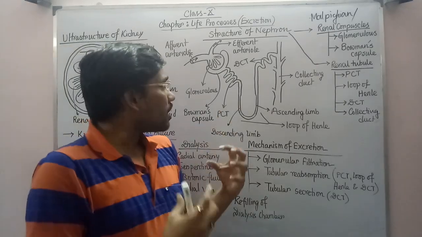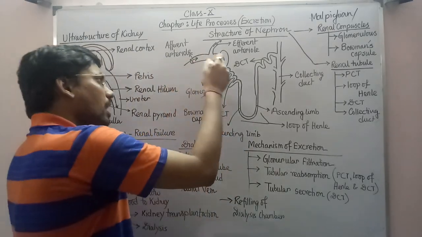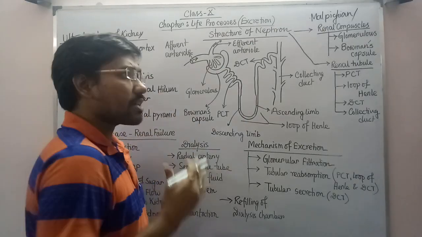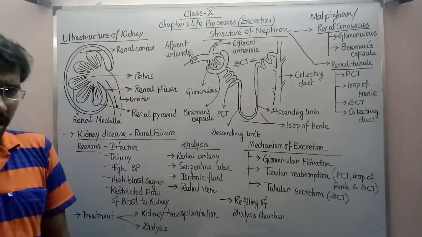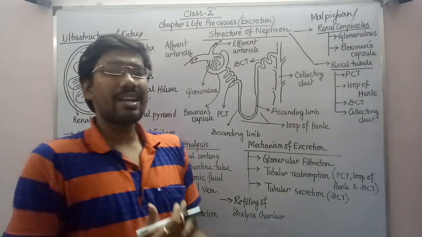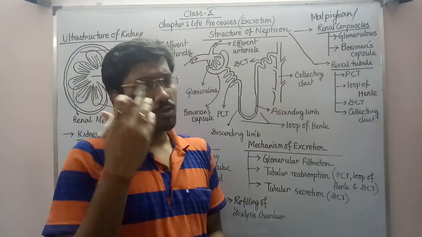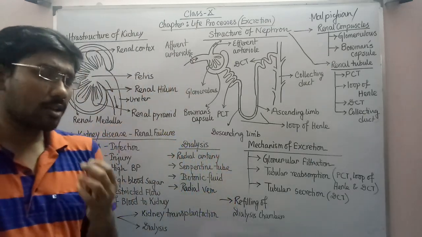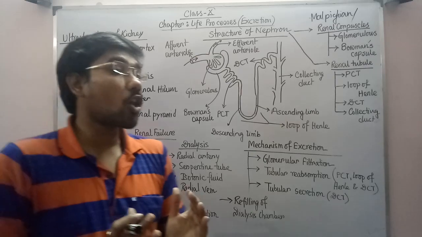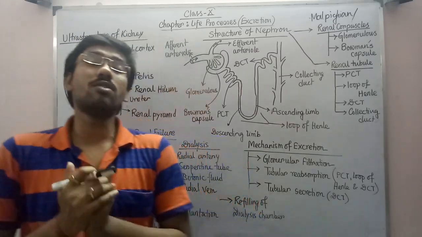So that the impure blood which has come to the glomerulus cannot move out very quickly. Using common sense, if it moved out quickly, the blood could not stay within the glomerulus for a long time.